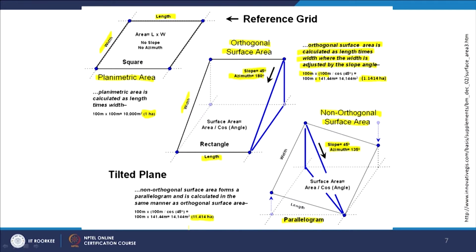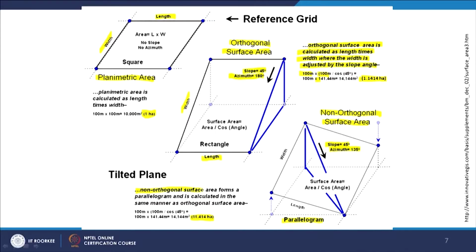And that is why I said in the previous slides that if a lot of work is estimated based on just the planimetric surface, assuming everything in 2D using survey topo sheets, you are going to grossly underestimate the work, and that will cause a lot of problems. So the non-orthogonal surface area forms a parallelogram and is calculated in the same manner as the orthogonal surface area.